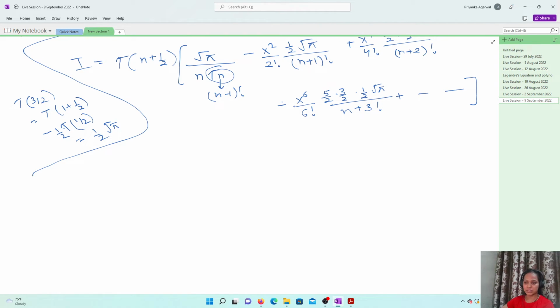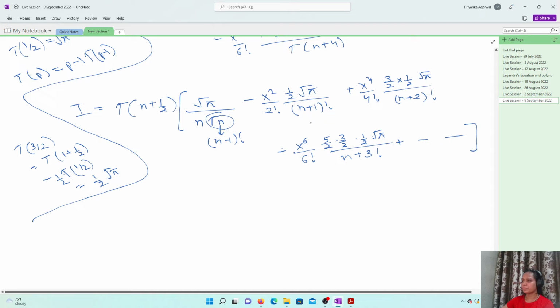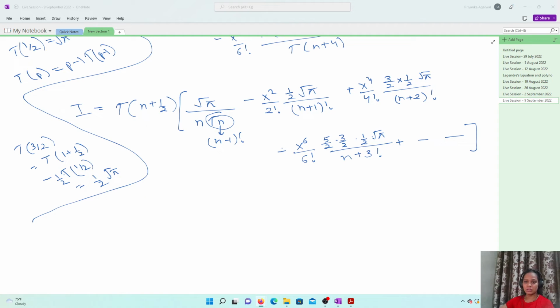Okay, is it clear till this point? Okay, so in this we can now take root pi as common again and n factorial also as common. So what will this become?